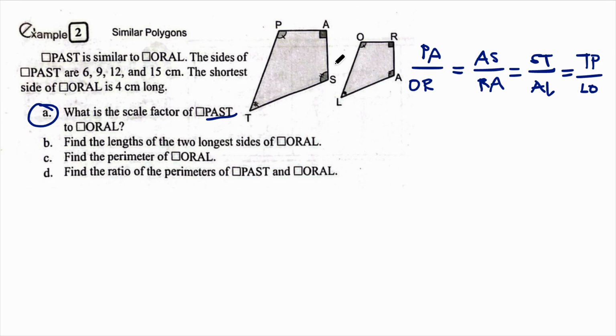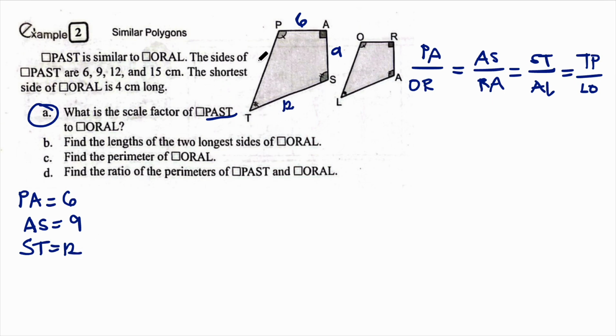The thing is, we let PA be equal to 6. Let me write PA equals 6 here. And then AS is equal to 9. When we write the given here, we also have ST, which is 12.